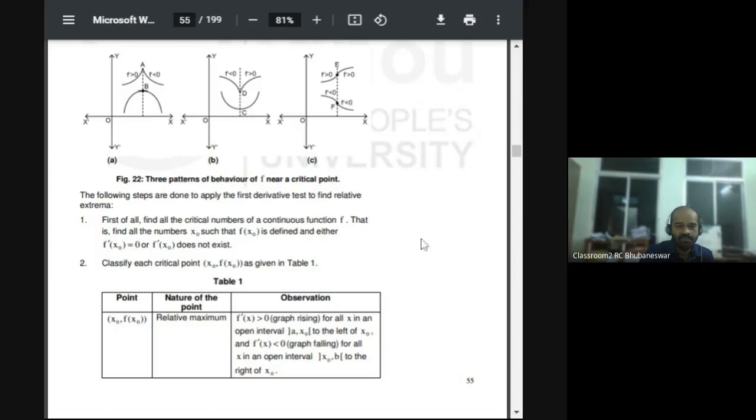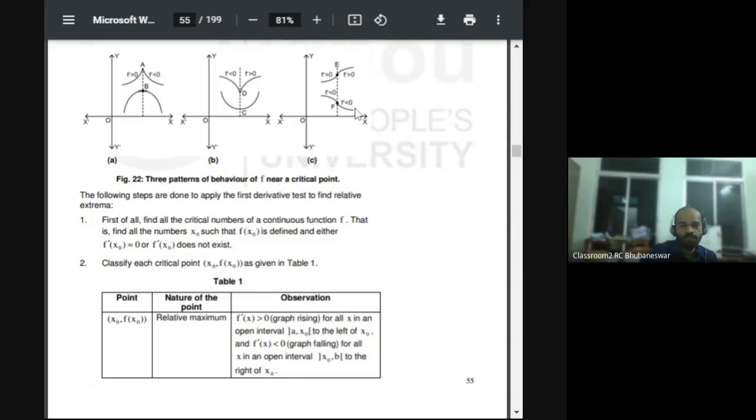In the third figure, we can clearly see that at the point E or at the point F, if we choose the left side of the points, then in the first curve the value of the slope is positive. If we also move towards the right-hand side of the point, the slope is also positive. That means the sign does not change in this particular figure with respect to the upper curve.